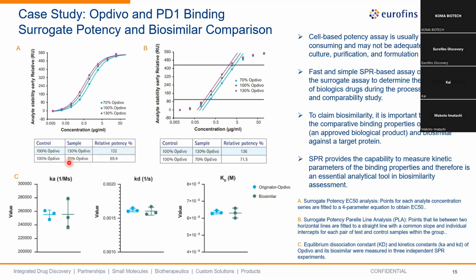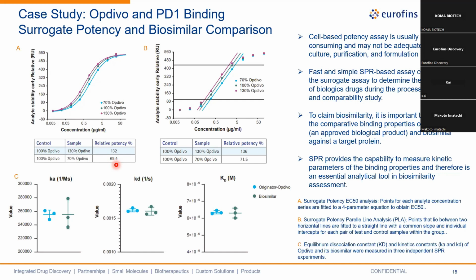If you have only 70% of active optimal, then the SPR data we get is about 69.4, very close to the 70%. This data shows us that this surrogate potency for this optimal PD-1 system is a very good surrogate potency assay.